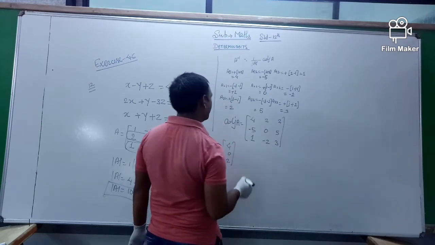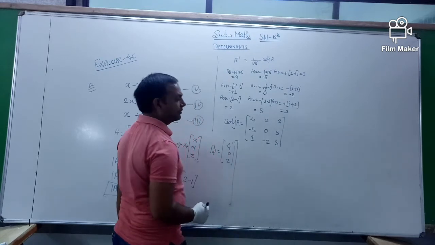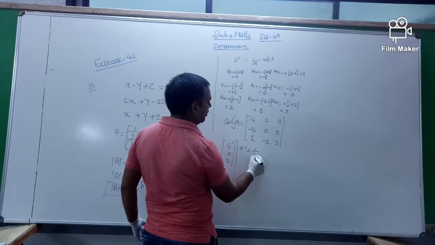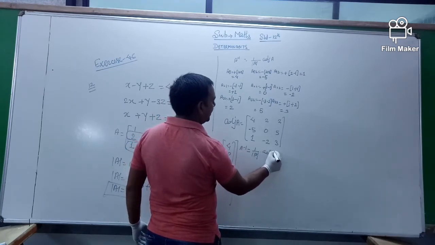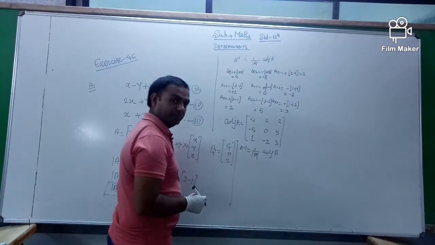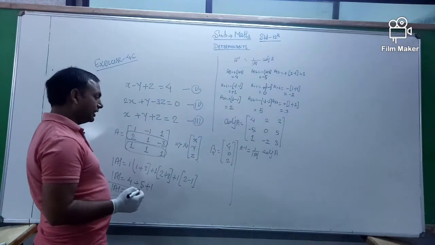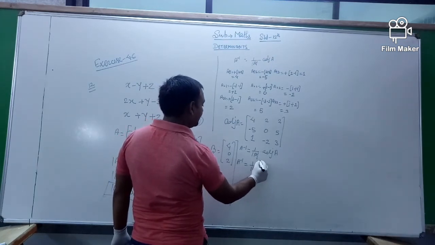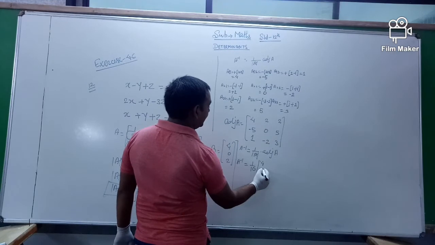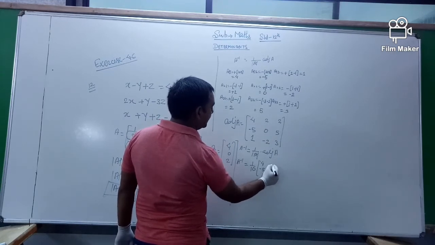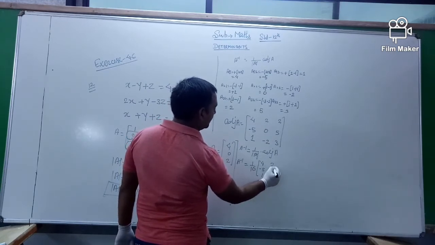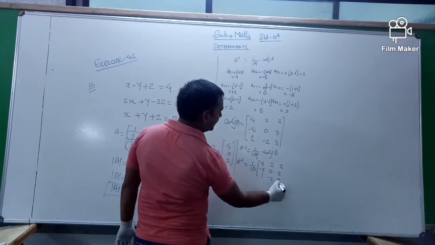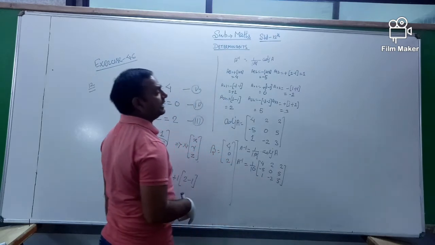These are the elements of adjoint of A. After that you take that A inverse is equal to 1 upon mod A times adjoint of A. The value of mod A is 10, so A inverse is equal to 1 by 10 times the adjoint of A: 4, minus 5, 1, 2, 0 and minus 2, then 2, 5 and 3. This is the value of A inverse.